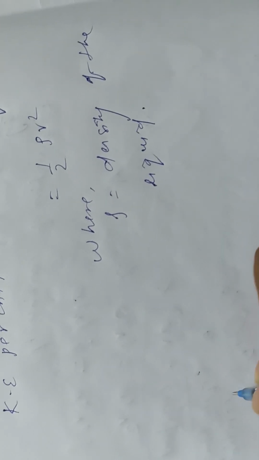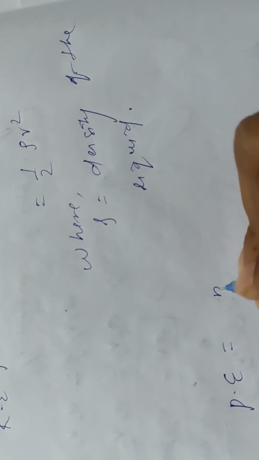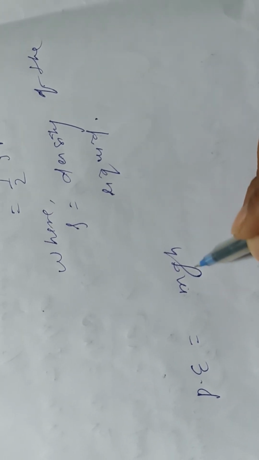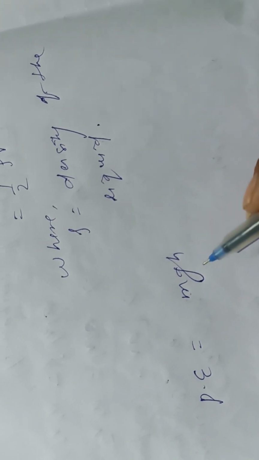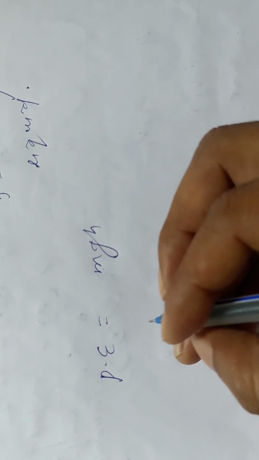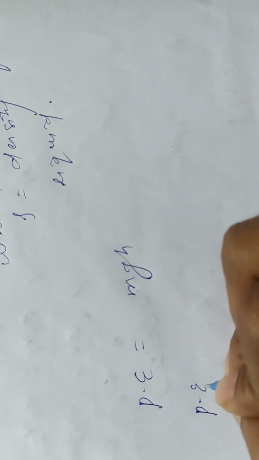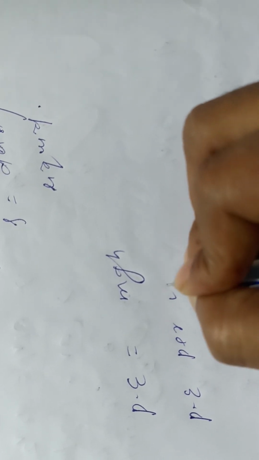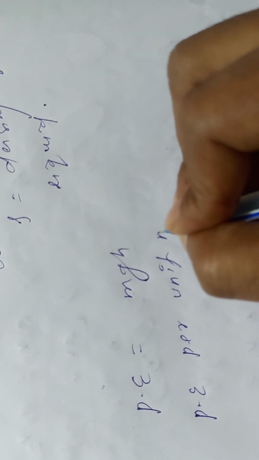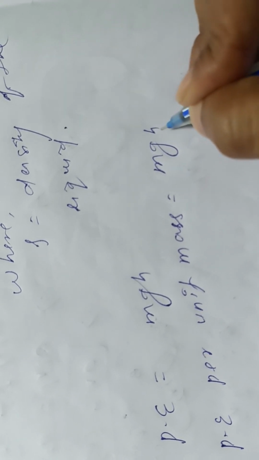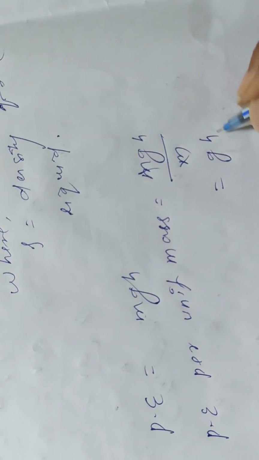Now potential energy. We know that potential energy equals m g h, where m is the mass of the liquid, g is the acceleration due to gravity, and h is the height. So potential energy per unit mass is m g h by m, m cancels, so we can write g h.